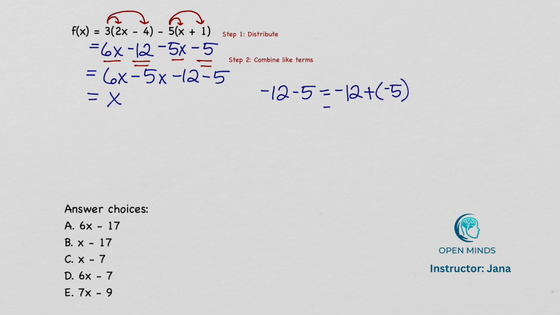That'll leave you with a negative 12 plus a negative 5, which is a negative 17. So our simplified function is x minus 17, which is choice B. All right, and we're done.